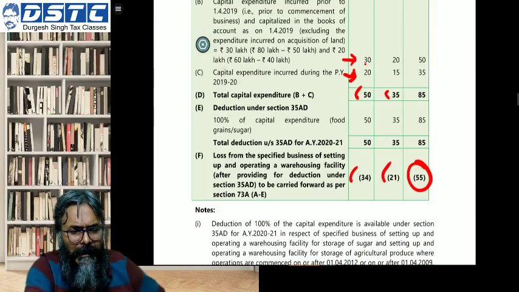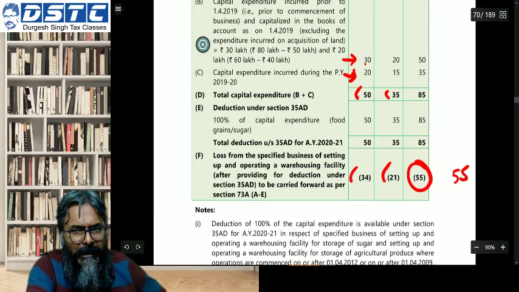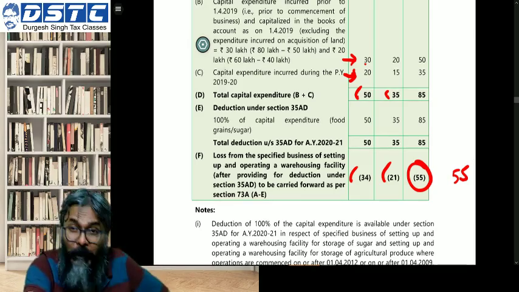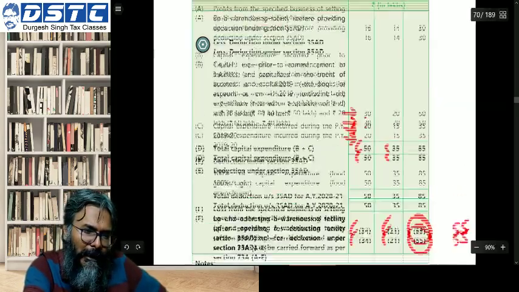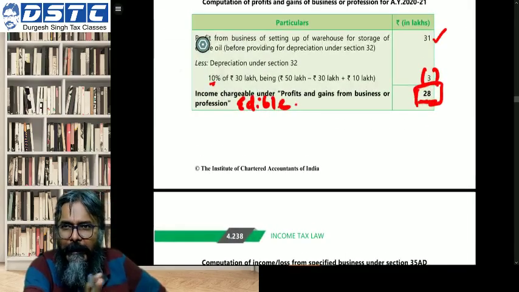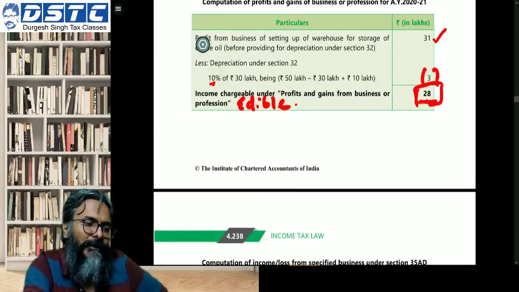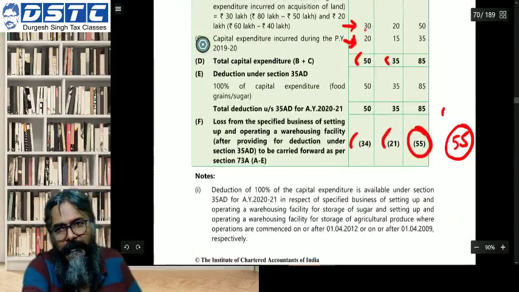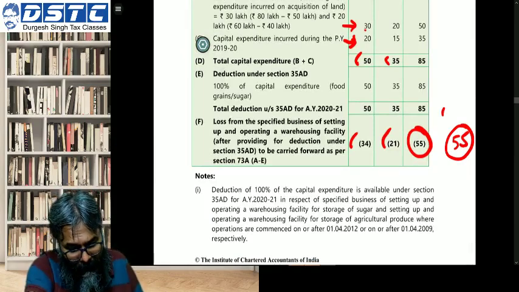Okay, but just consider this, students. If this 55 would have been a positive figure, and 28 is a negative figure from the non-specified business, then whether the loss of the non-specified business can be set off against the profit of the specified business?